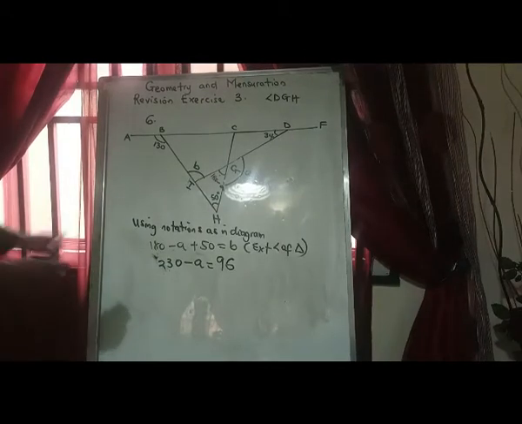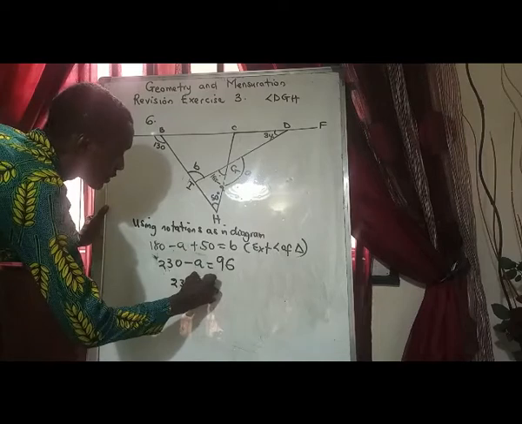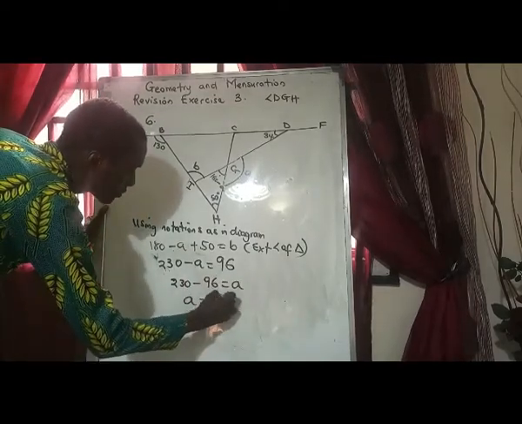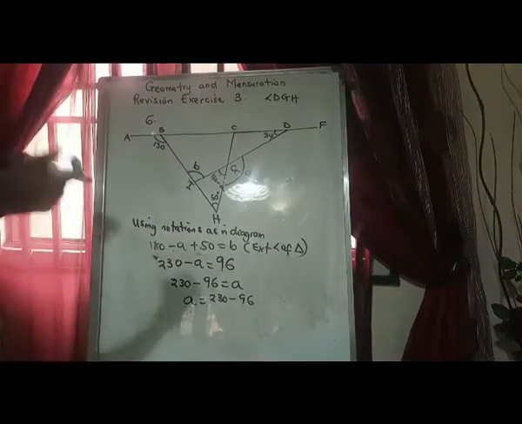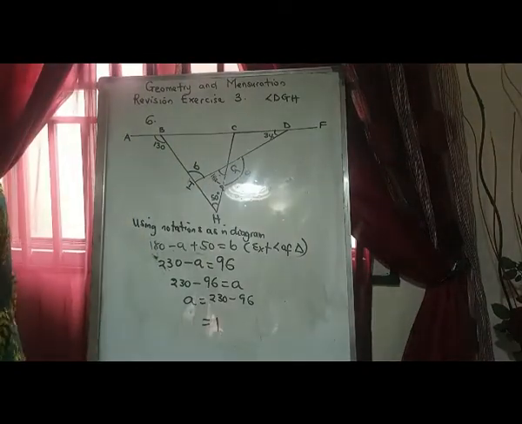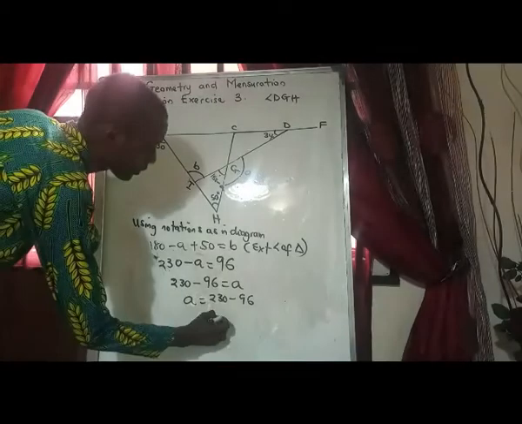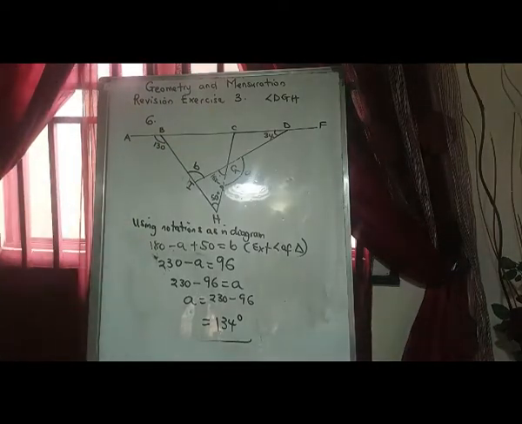We got 96. So from here, I know that 230 minus 96 will give me A, meaning that A will be equal to 230 minus 96. So what is that? That should give me 134. Good. 134 degrees. So this answer will be 134 degrees.